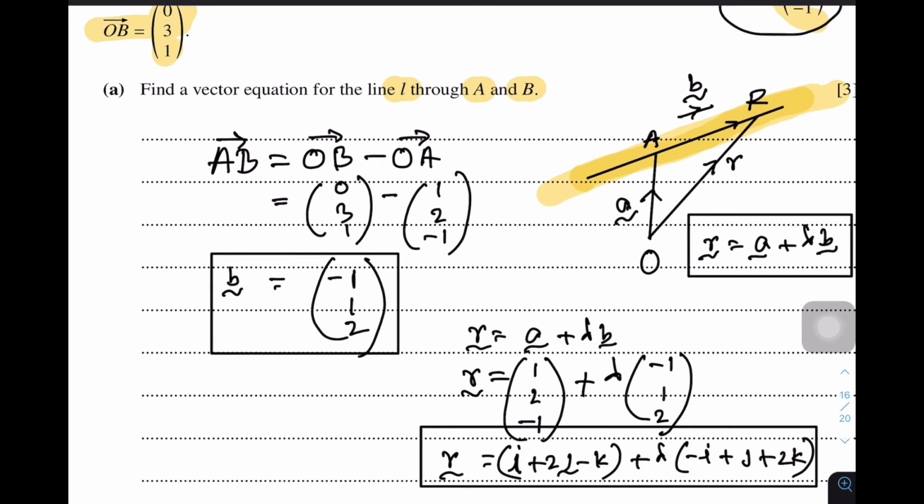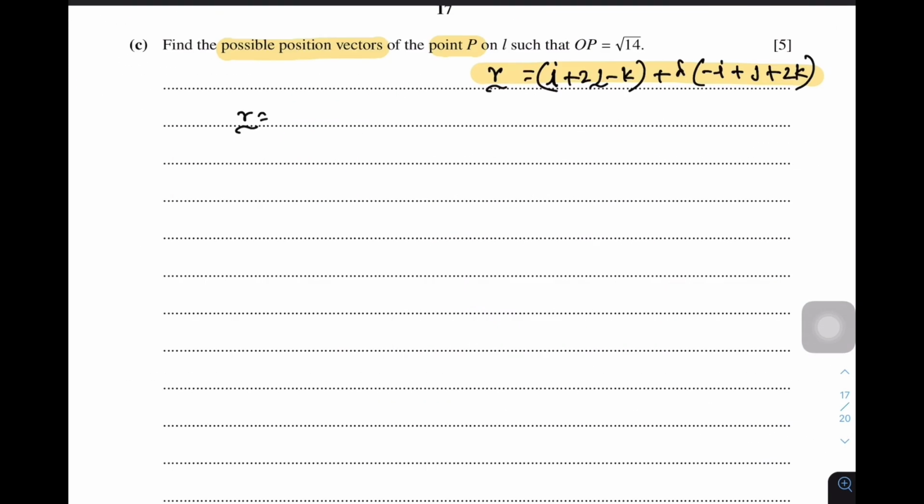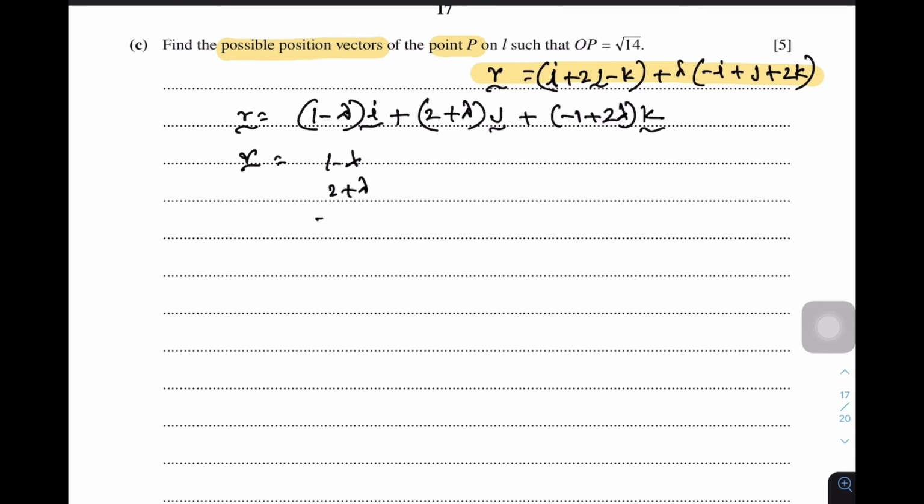So you can write R equals (1 minus lambda) i plus (2 plus lambda) j plus (minus 1 plus 2 lambda) k. Then R equals (minus lambda, 2 plus lambda). In any form you can write.